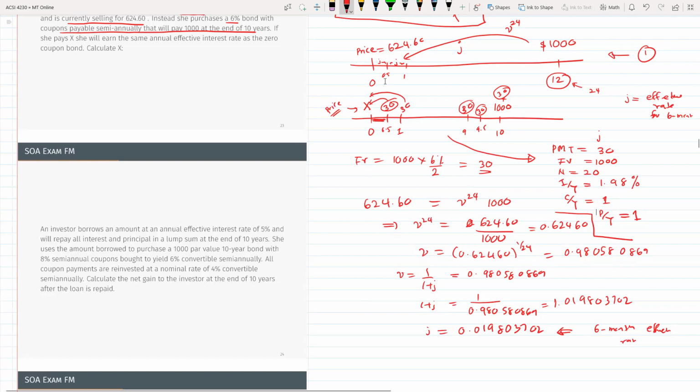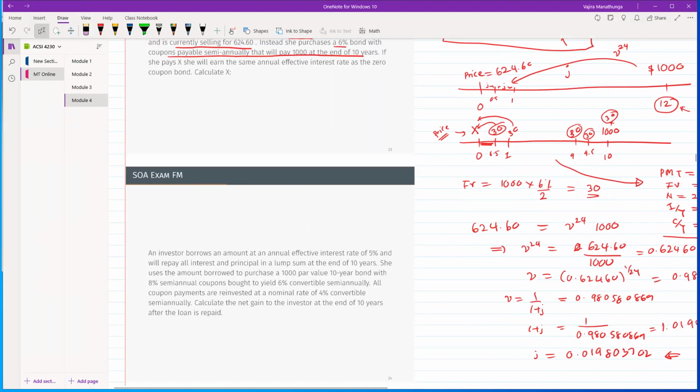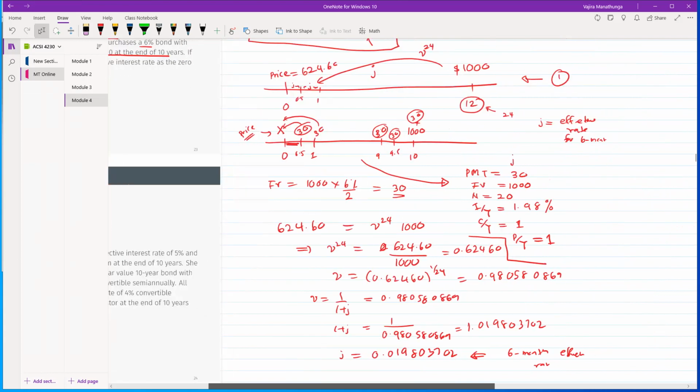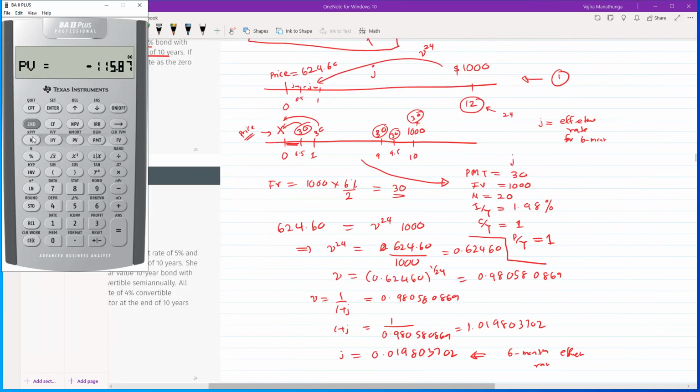So now let's bring the calculator and find the answer. Let me reset this one. Payment is 30. Future value is 1000. N is 20. I/Y is 1.98.